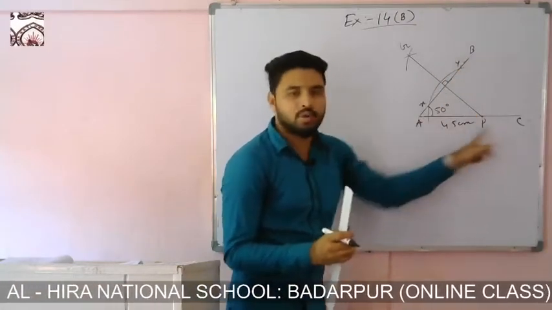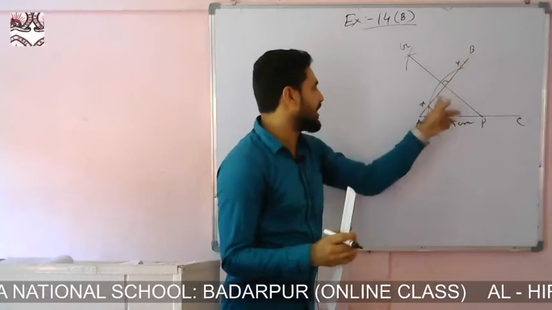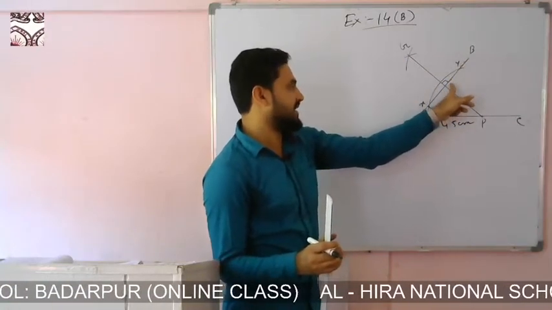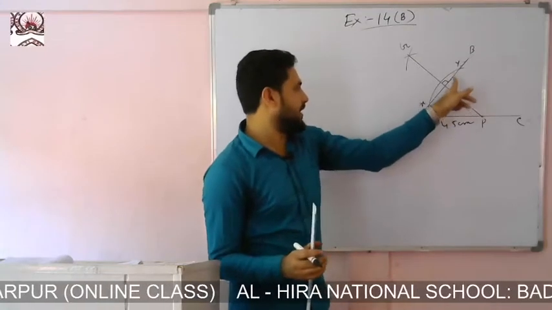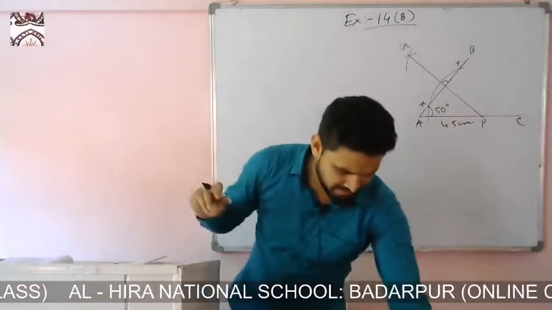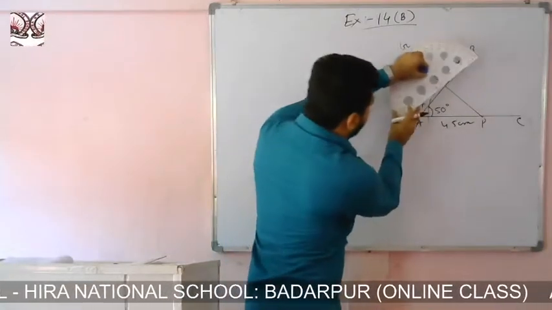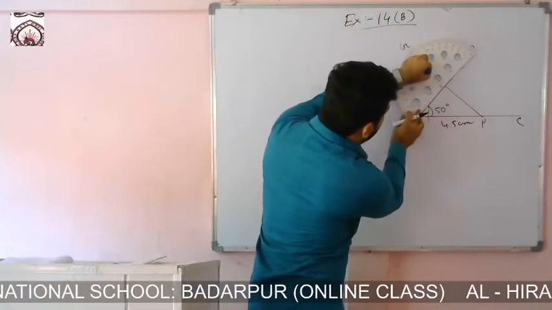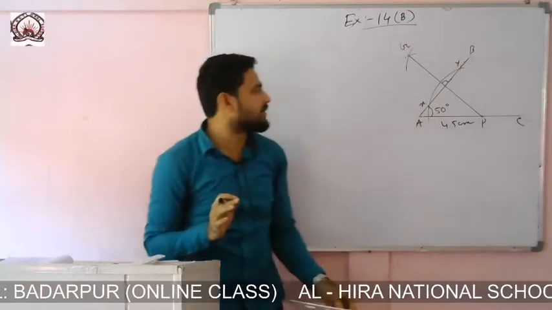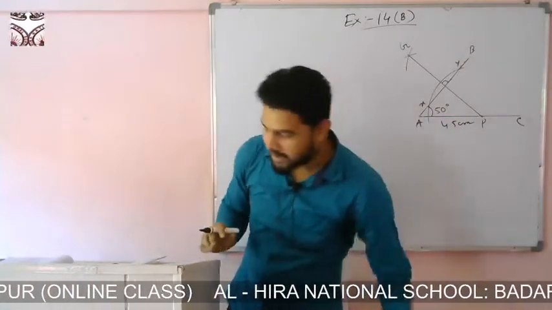Not perpendicular to AC, but perpendicular to AB. The measure of this angle is 90 degrees. You can check by placing the protractor also. You see it is making 90 degrees. Okay, so now we are confirmed.